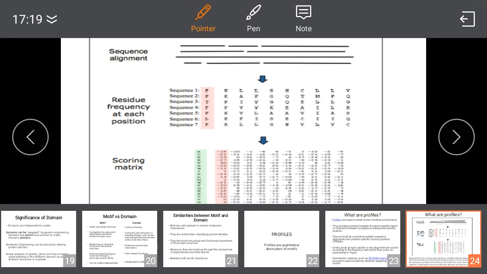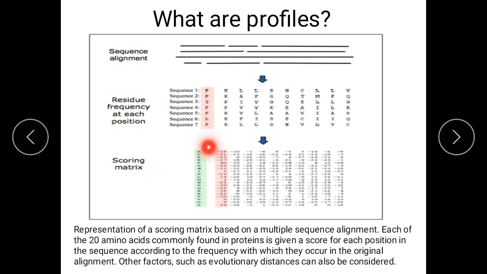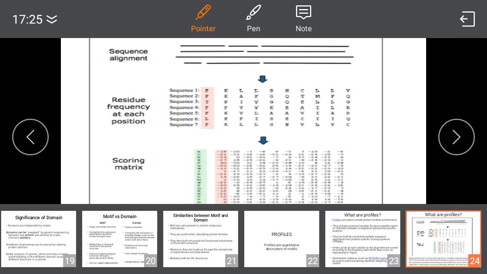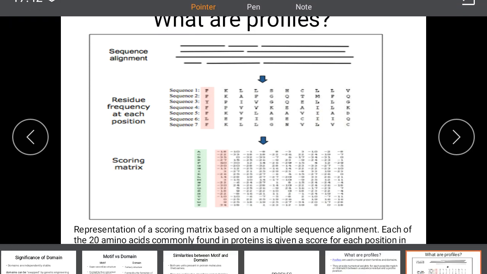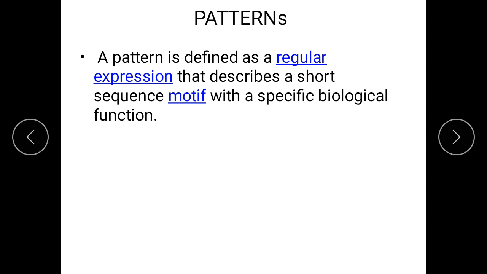This is a simple sequence, and the scoring matrix is used at each position. So sequences 1, 2, 3, 4, 5 are there. At this position which amino acids are there, at that position which amino acids are there. Likewise they are studied and stored in the profile databases. So profile analysis is carried out.